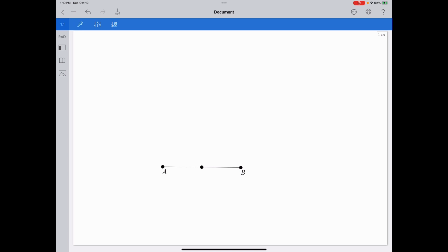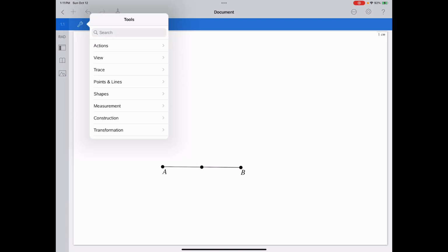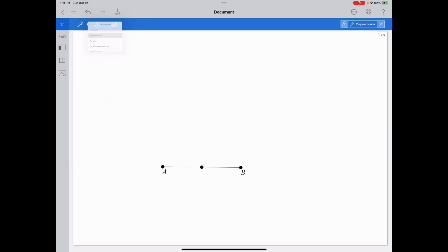Now we need a perpendicular off of that midpoint. So again, to the wrench tool, to construction, and perpendicular, and we're going to tap on the point, and somewhere up above here. And now we have a perpendicular.